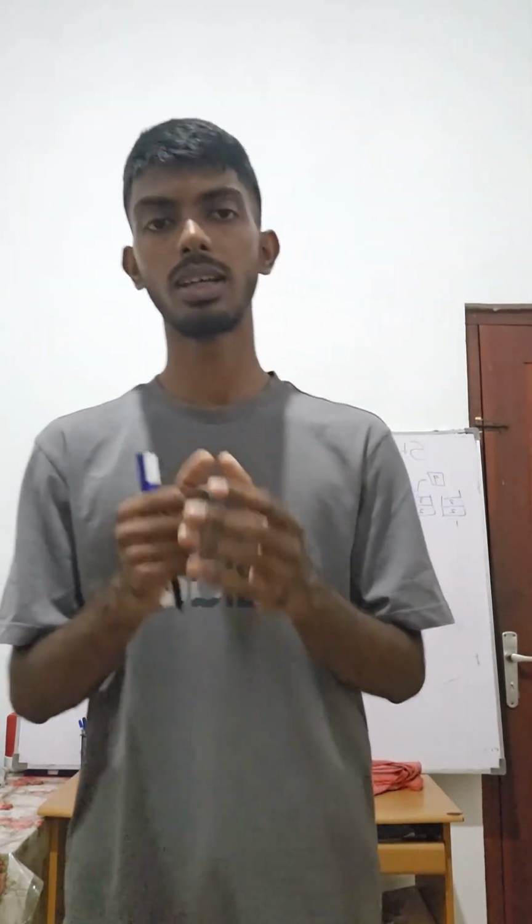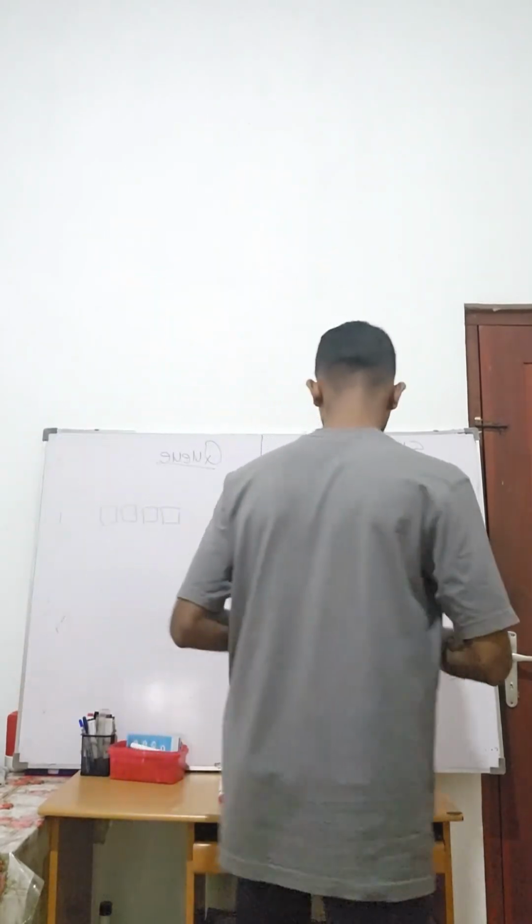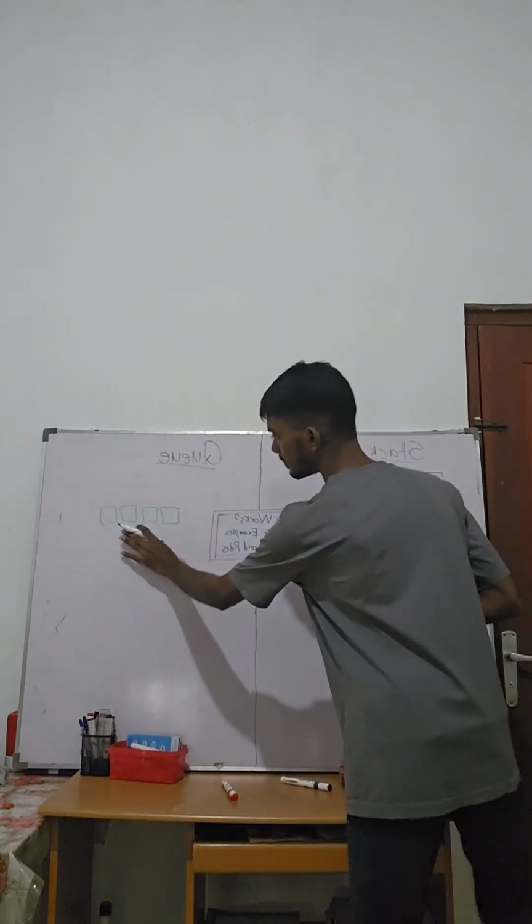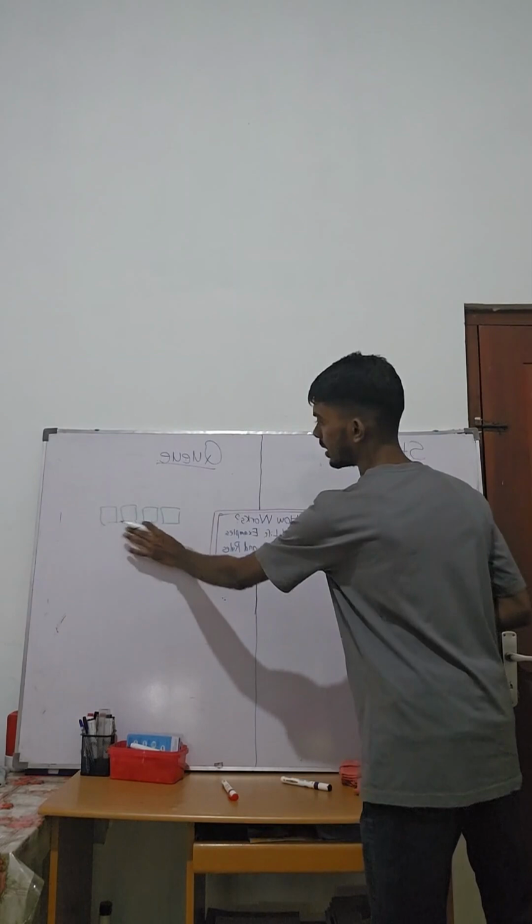The operations in a queue are enqueue and dequeue. Enqueue means add an element to the rear. Dequeue means remove an element from the front. Now I will show how that happens. This is our queue.